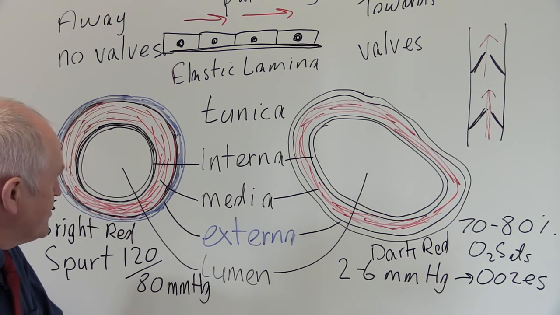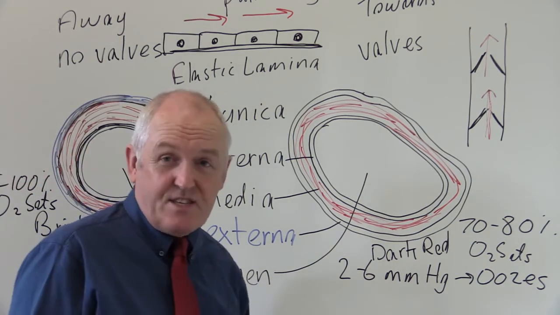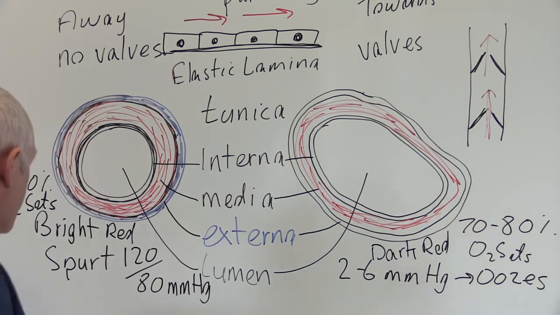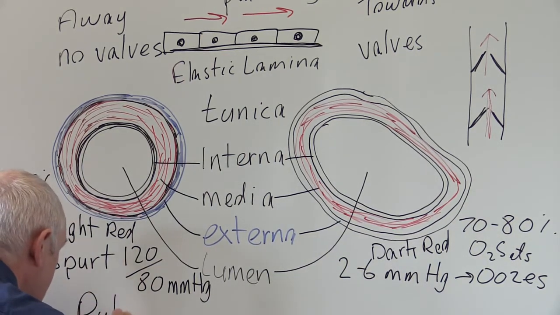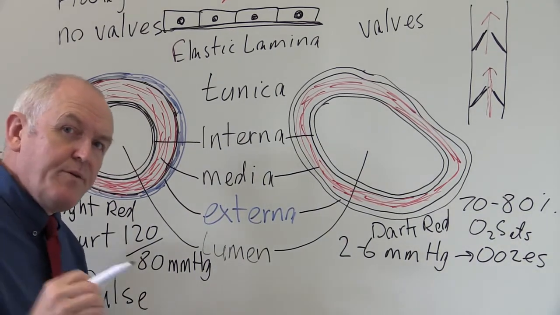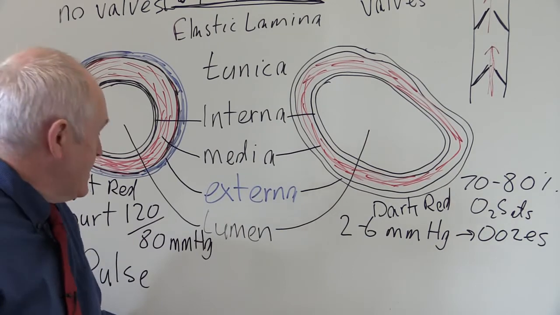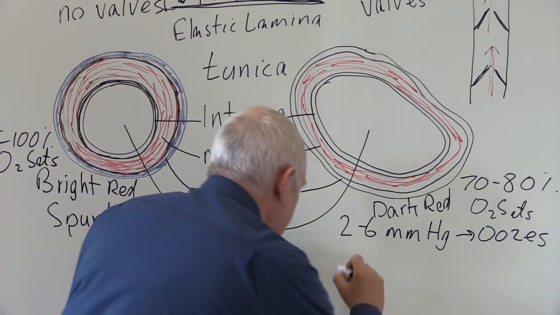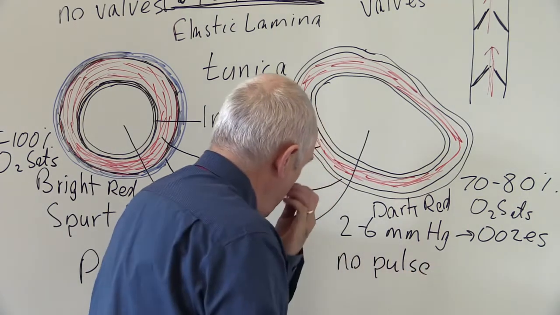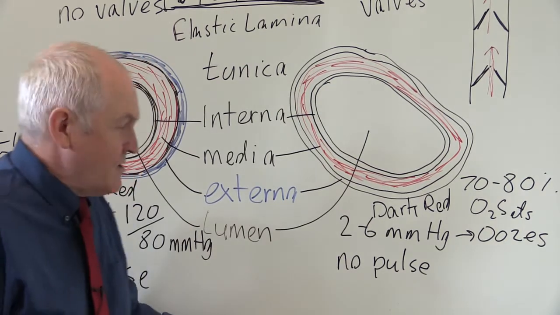And indeed, if you ever want to know for sure if a vessel you're examining is an artery or a vein, it's very simple. Arteries pulsate. You will be able to feel the arterial pulsations going under your fingers in an artery, whereas in a vein there is no pulse. At least there's no pulse generated by the ventricular contraction.